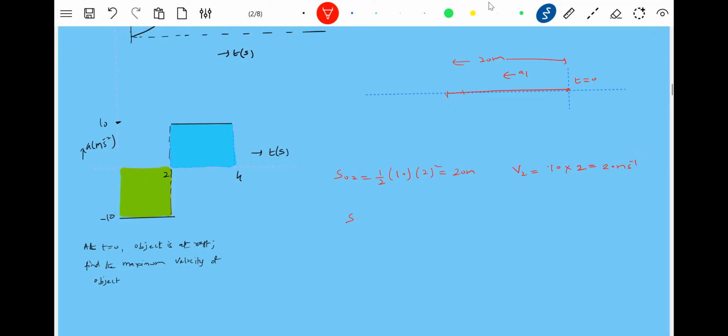Then the distance covered from 2 to 4 should be equal to 20 into 2 plus half into 10 into 2 square, which is 40 plus 20. 60 meters it is going to move.